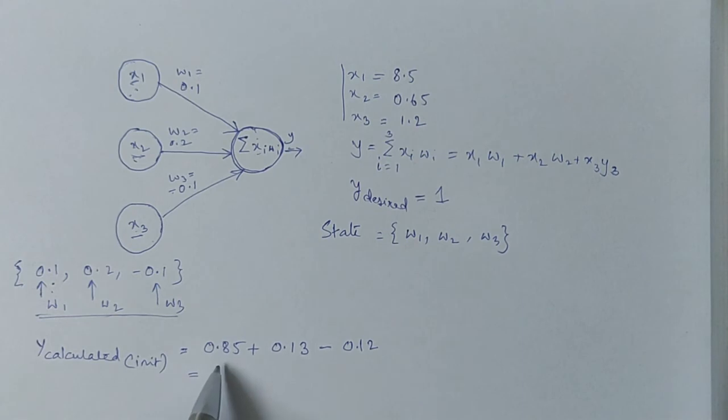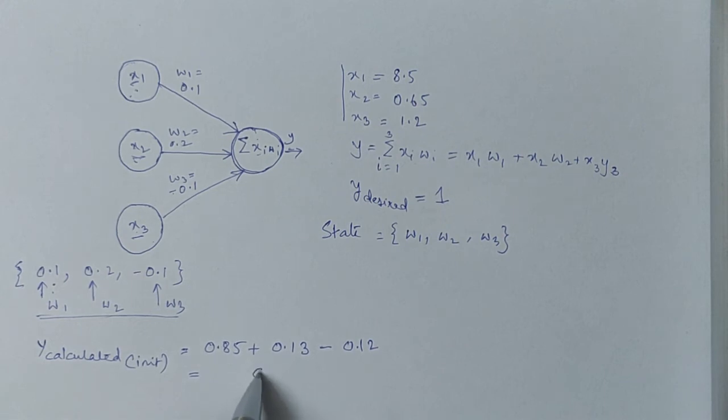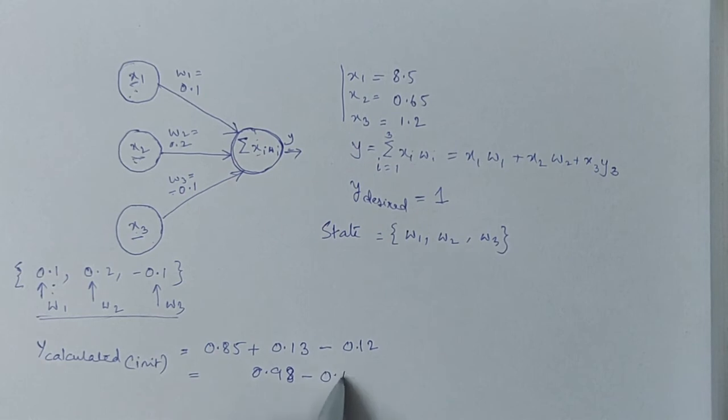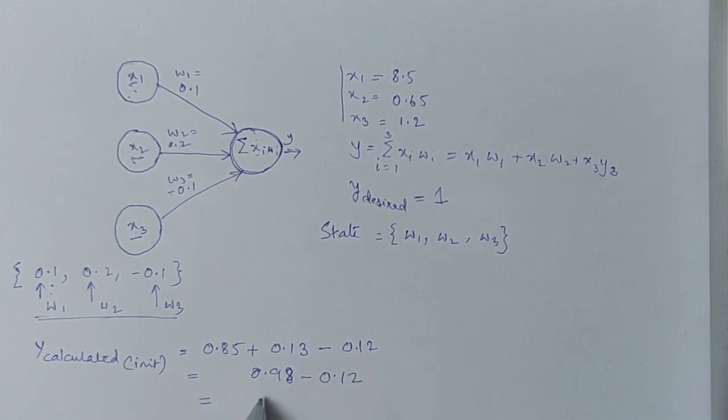So this is equal to 0.85 plus 0.13, which is 0.98, minus 0.12, which means 0.86, right?